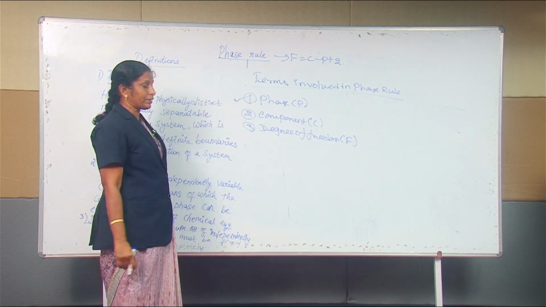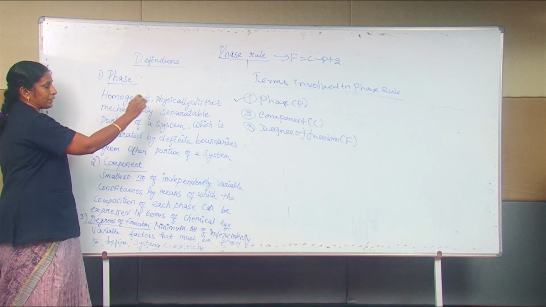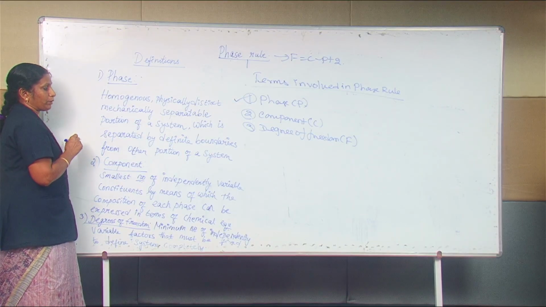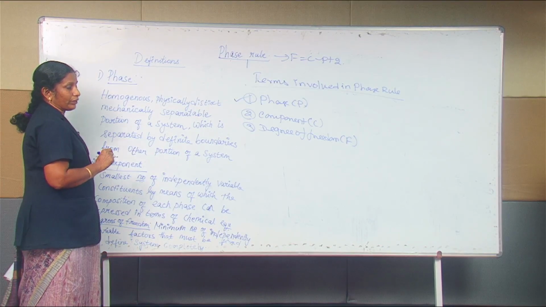Let's see the definition of phase. Phase is a homogeneous, physically distinct, mechanically separable portion of a system which is separated by definite boundaries from other portions of a system.